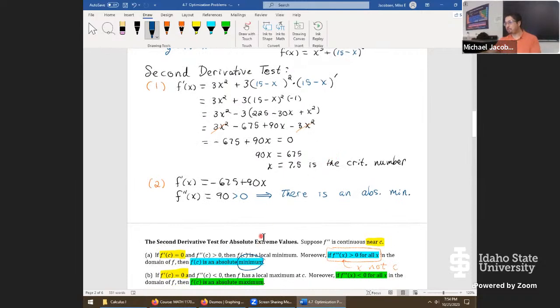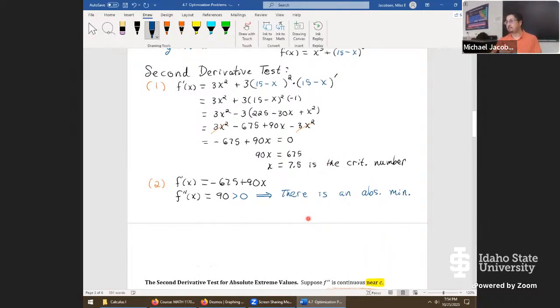Okay, so here's our final step 3. We're just about done with this one.